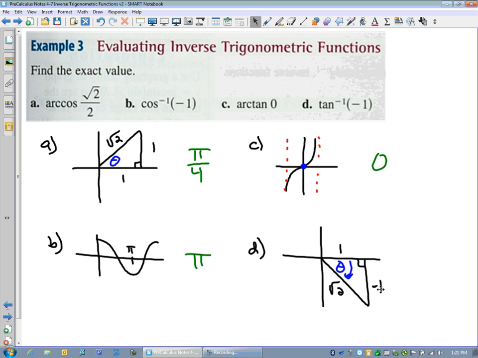Notice how the negative side had to be on this leg because this is our down direction. So 1, 1, root 2, we have a 45, 45, 90 triangle. So this is 45 degrees, but measured in the negative direction because it's from negative pi over 2 to positive pi over 2. So that gives us a negative 45 degrees, which in radians would be negative pi over 4.